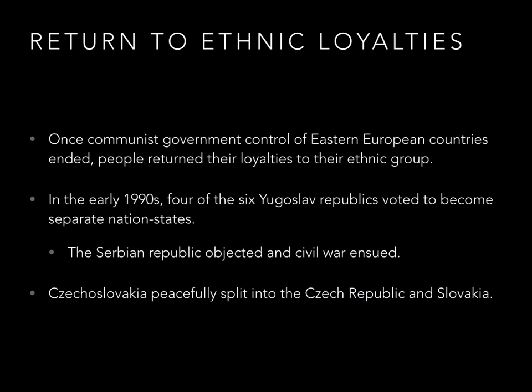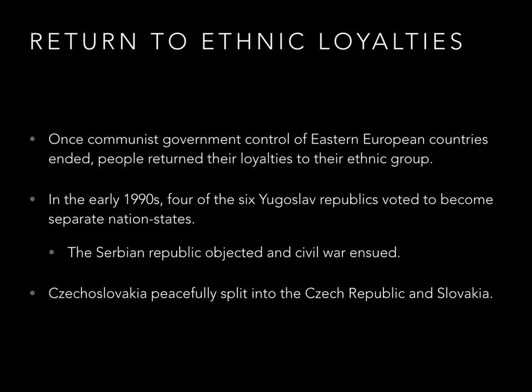Return to ethnic loyalties. Once communist control of Eastern European countries ended, people started to look in other places to determine what their identities were, and their loyalties returned to their ethnic groups. In the early 1990s, 4 of 6 Yugoslav republics voted to become separate nation states.